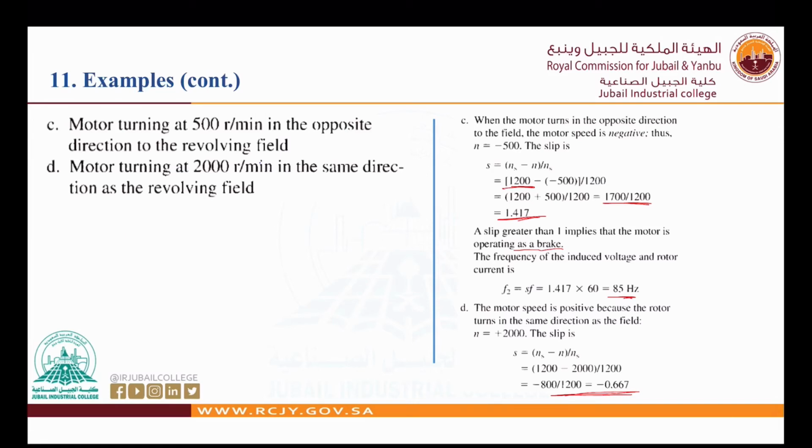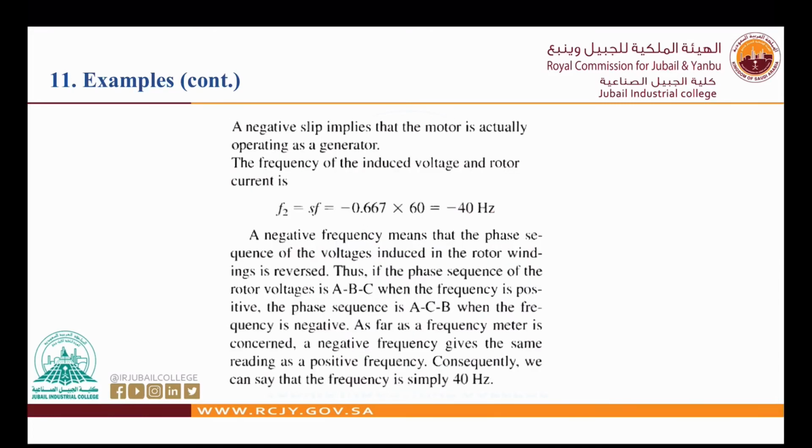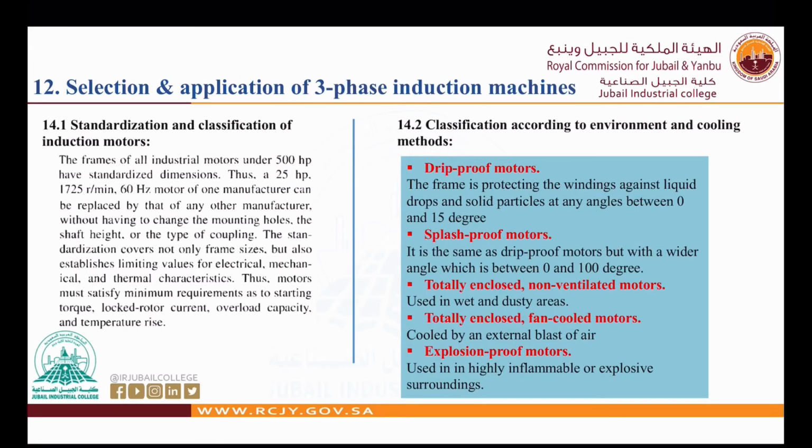If the slip is less than 1 and positive, then that is motoring. A negative slip implies that the motor is actually operating as a generator. The frequency now is minus 40, but in reality we don't have a negative frequency, so we consider it simply as 40 hertz. Now, selection and application of three-phase induction machines.